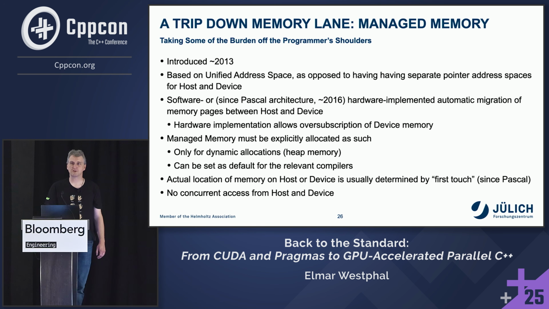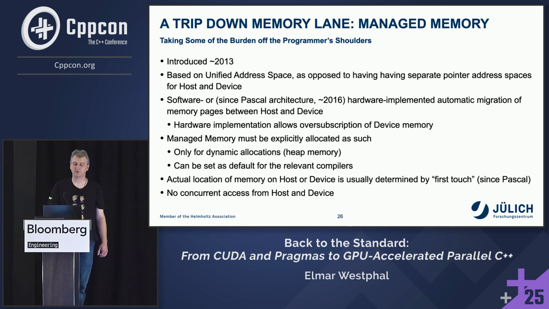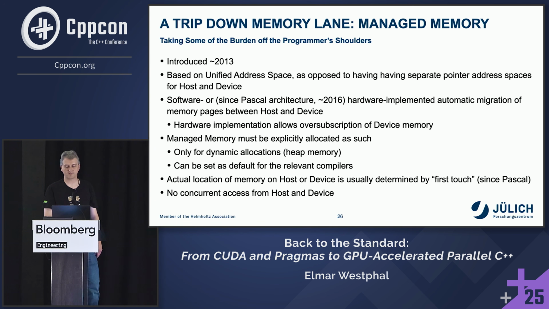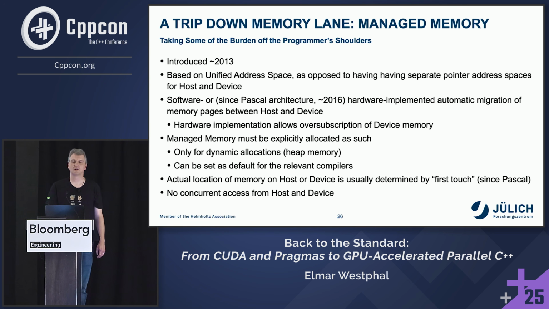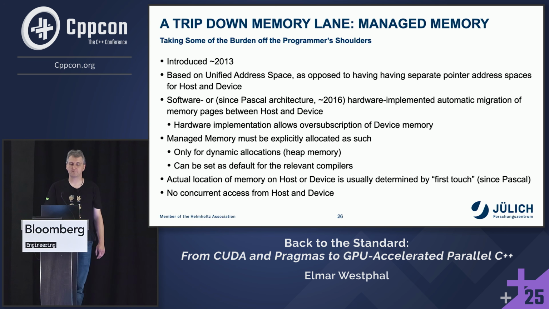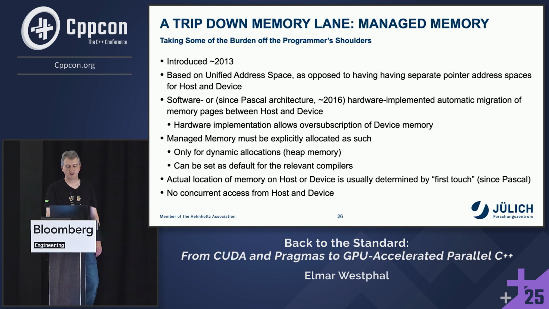So if the first one to access the memory is GPU, it will be allocated in GPU memory first, and otherwise in host memory. What's also important is that there is no concurrent access. I told you kernels run asynchronous, but if you try to access managed memory currently used by a kernel from the CPU, it will segfault.